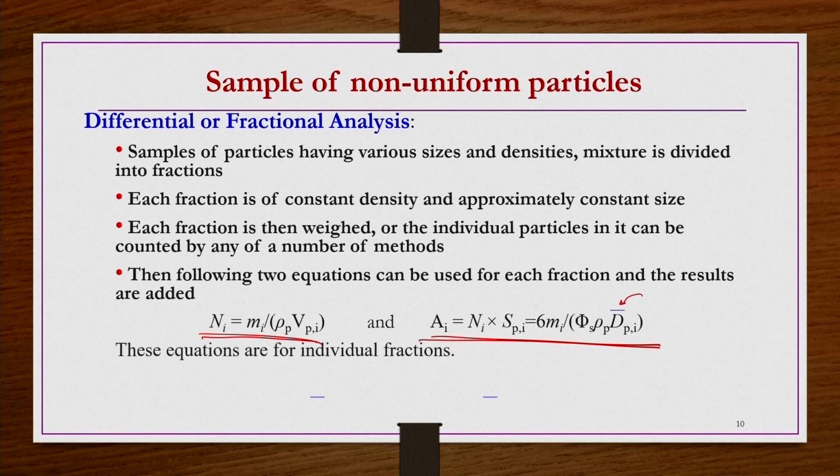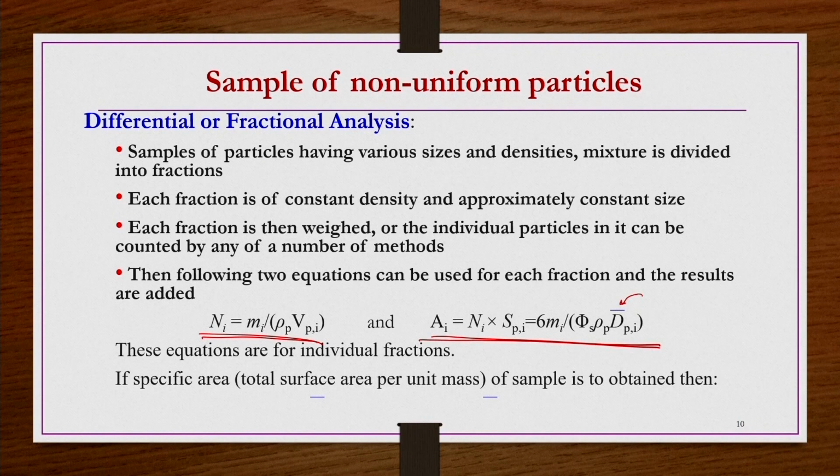These equations are purely for individual fractions, they are not for the entire non-uniform mixture. Basically, we are subdividing the non-uniform mixture into several fractions, but each fraction is almost a uniform mixture. For each fraction we apply the principles of a uniform mixture, and then we add them together in order to get the required numbers for the entire non-uniform mixture.